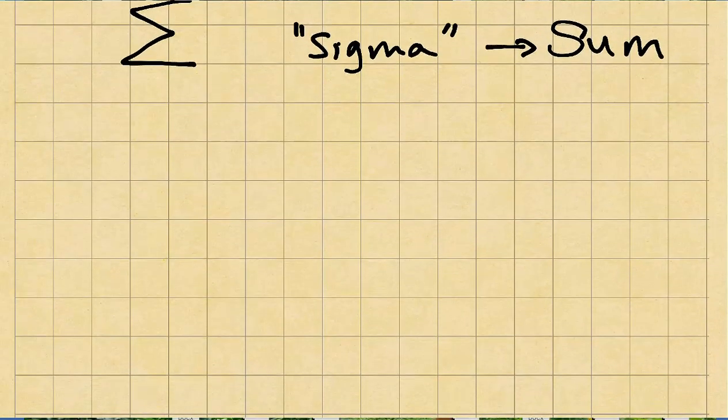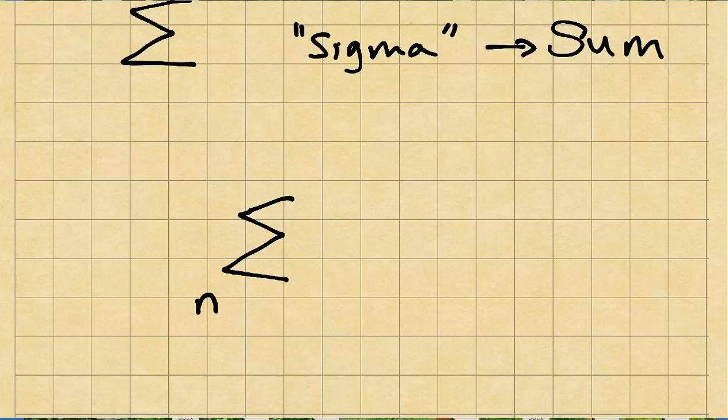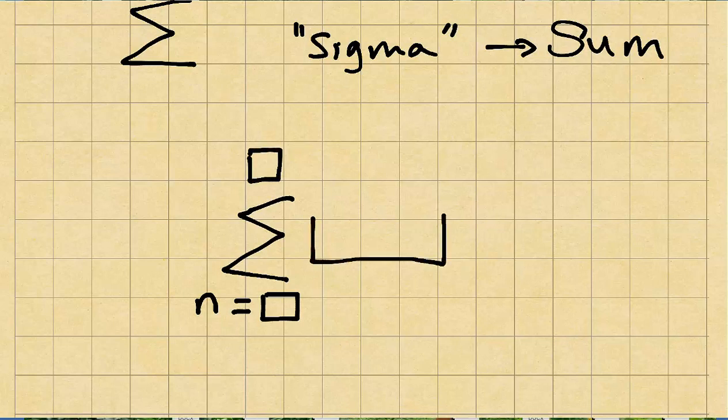When you're looking at sigma notation, if you don't know what is being displayed, it can get kind of confusing. So the sigma stands for sum, and then right underneath it, you'll see a letter, an index, and then some sort of a starting value will be in this box. Some sort of an ending value will be in this box. And right after the sigma, you'll have some kind of rule.